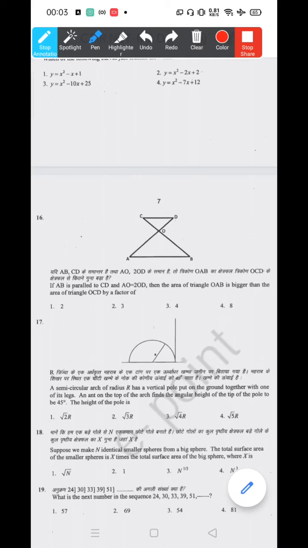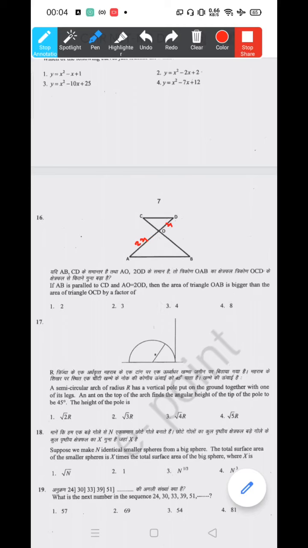So what do we have? EO equal to 2OD. If I take this as x, this will be 2x. And these are the parallel lines, so the area of triangle OEB is bigger than the other by what factor.